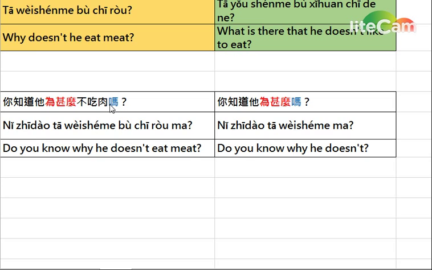And other than that kind of situation, the word ma can't appear directly together with other question words. So it means that if the particle ma and a question word are used at the same time, the sentence should contain two questions: one inner question and one outer question.